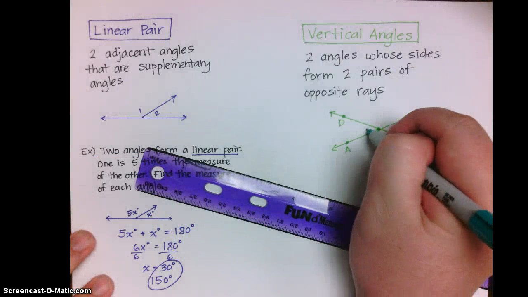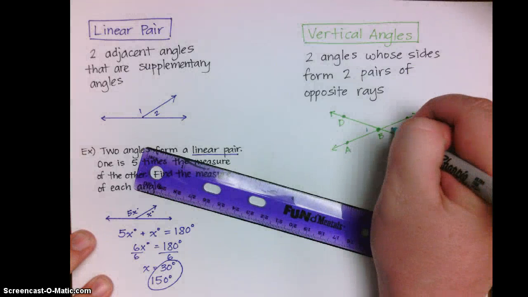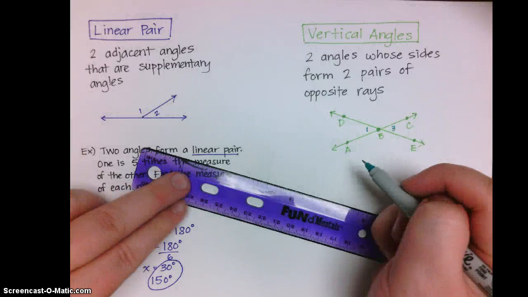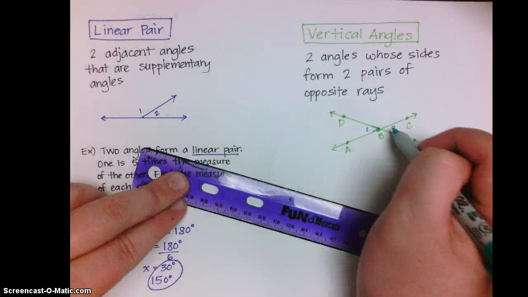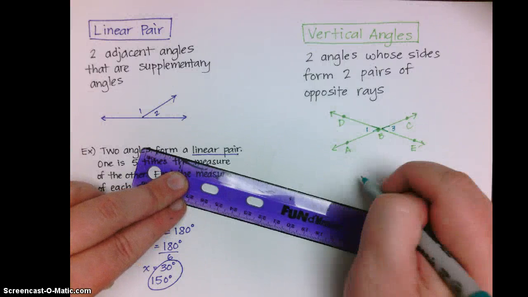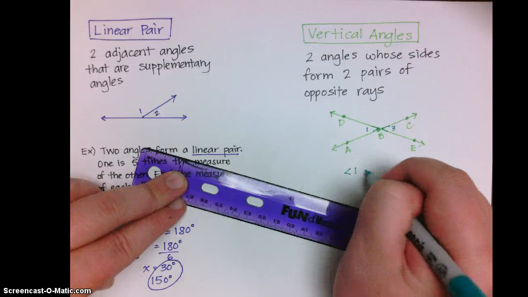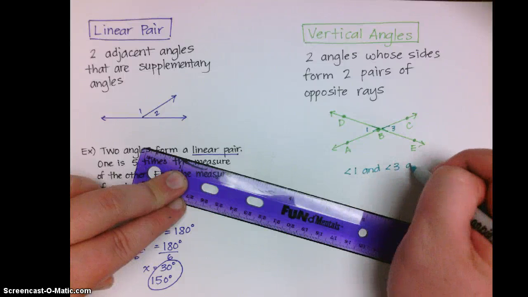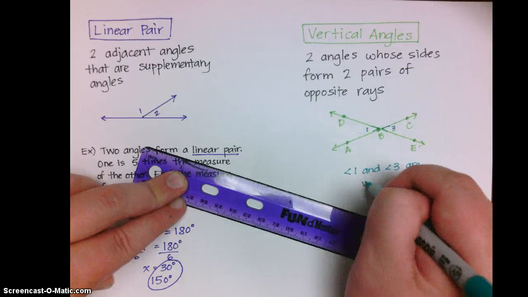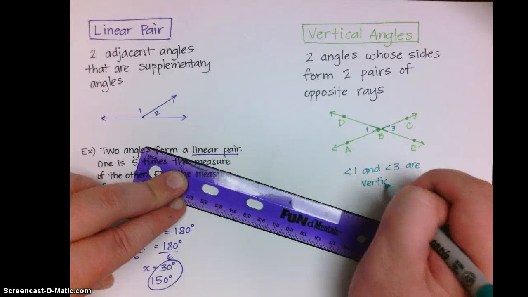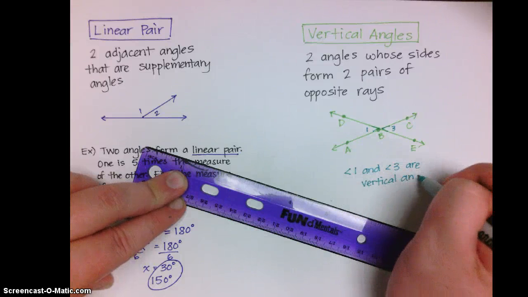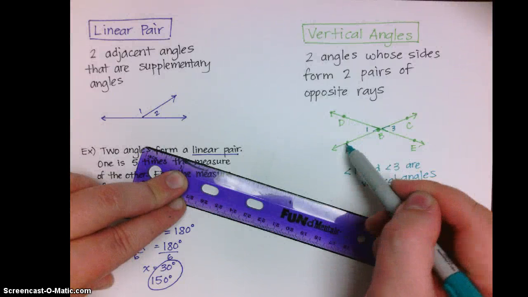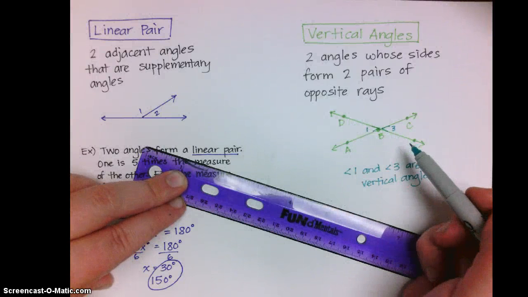So let me get another color just to show you. This angle right here, angle 1 and angle 3, are a set of vertical angles. They actually form a V, if you can see that, so that might help you remember. We can see that their sides are formed by opposite rays.